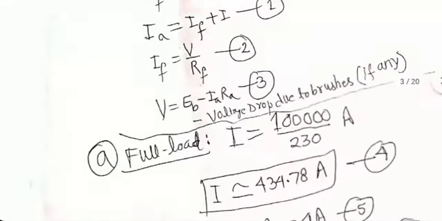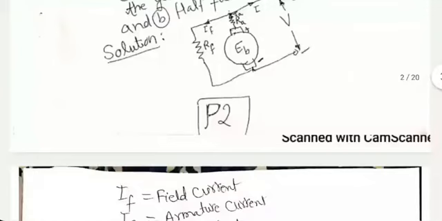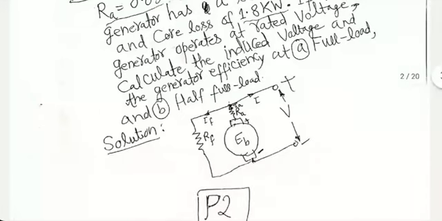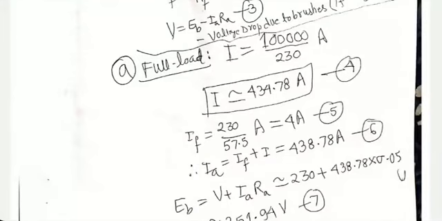Now at full load, as I said, the current will be 100 kilowatt divided by 230 volt, which turns out to be 434.78 amperes, approximately. Now what do they want? Yeah, they want EB and efficiency at full load. Fine. First thing you do is calculate field current, which is V divided by RF.